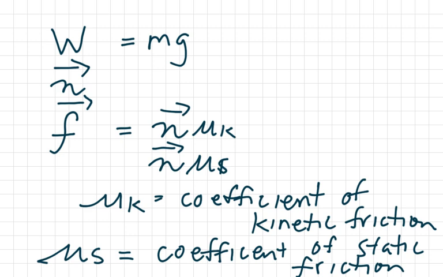The difference is that the coefficient of kinetic friction occurs when an object is moving, and the coefficient of static friction is the friction of a body at rest.